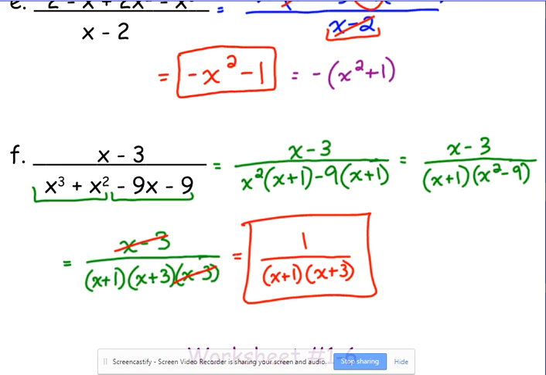When you cancel something with division, it equals 1. x minus 3 divided by x minus 3 is 1. It's just like if you had negative 3 divided by negative 3. It's 1, it's not 0. If something cancels by division, it equals 1, it doesn't equal 0. So you've got to put a 1 up there in the numerator to hold its place.